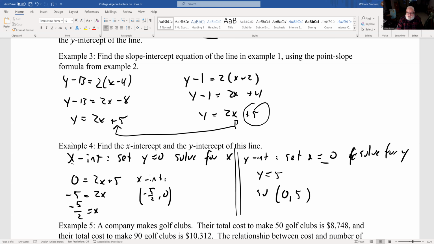So we can graph this actually pretty easily, right? We know it goes to the point y equals 5 on the y-axis, and it goes to the point with x-coordinate minus 5 halves on the x-axis. We also know that if you graph this, if you go 1 unit right, you would go up 2 units because the slope is 2.